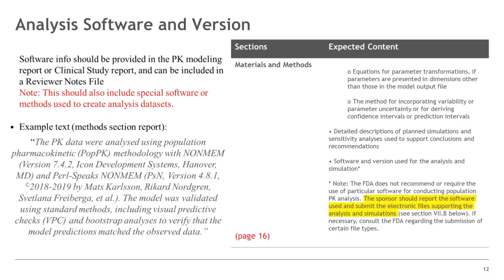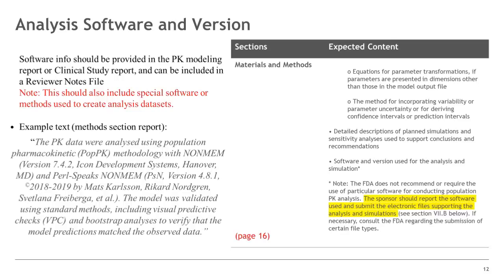It's a lot to unpack there. So this particular slide, I just wanted to focus on how we provide information on the software that we use. Within our population reports in the method section, we talk about specifically the software programs, the versions that are used in the analysis and the methodologies.